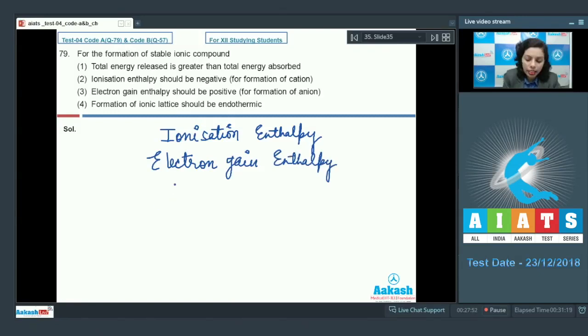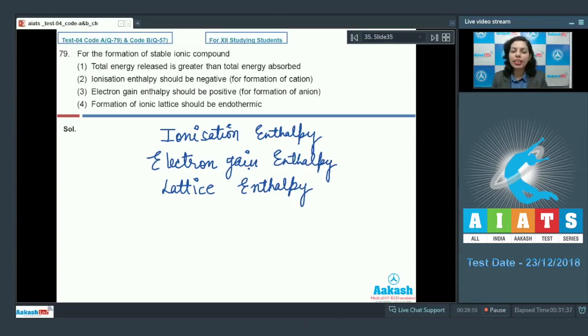And the third is lattice enthalpy for the formation of ionic lattice. These three energies are required, and the total amount of energy which is required should be less than the total amount of energy released. In that case, definitely a stable ionic compound would be formed.